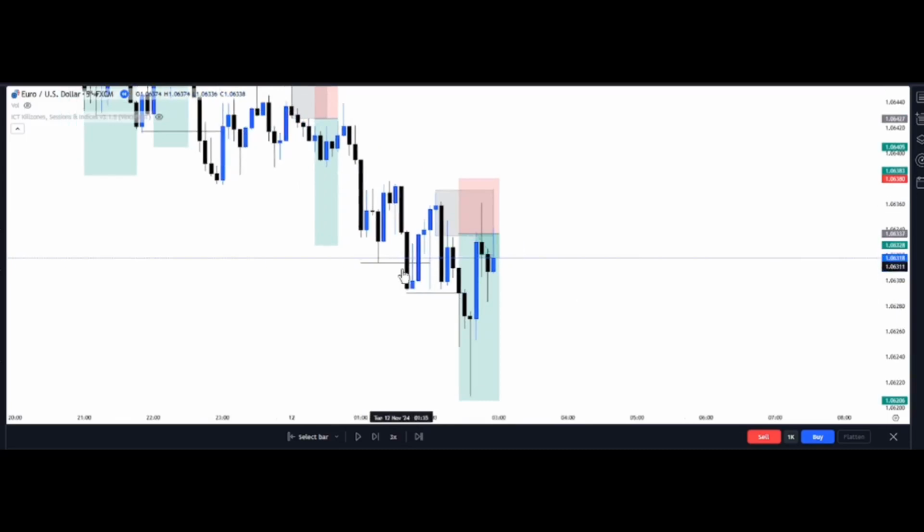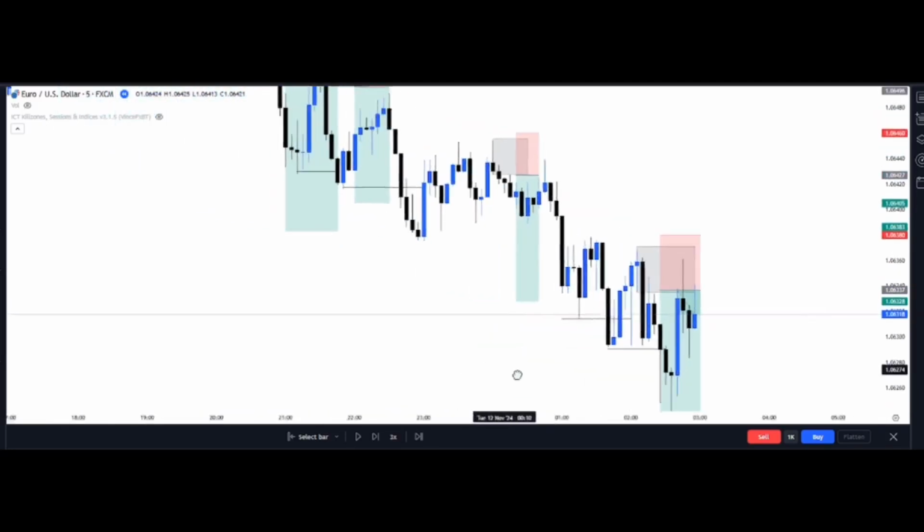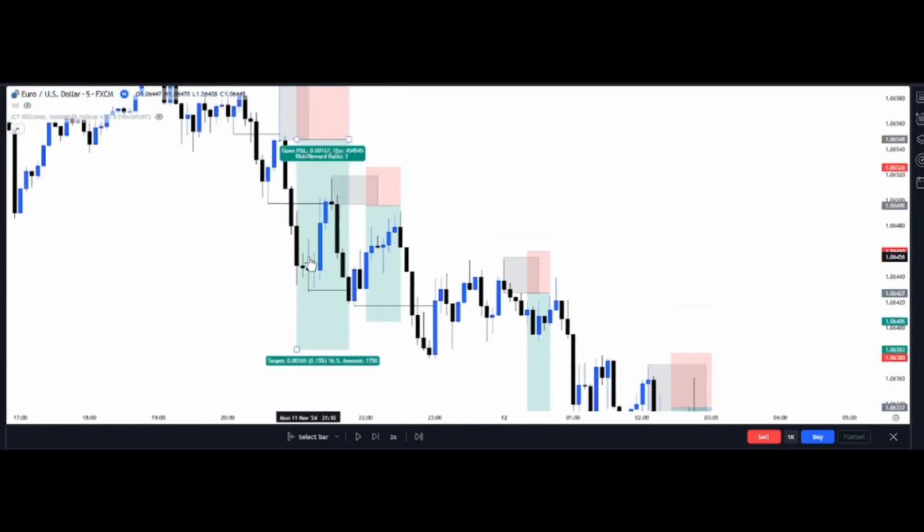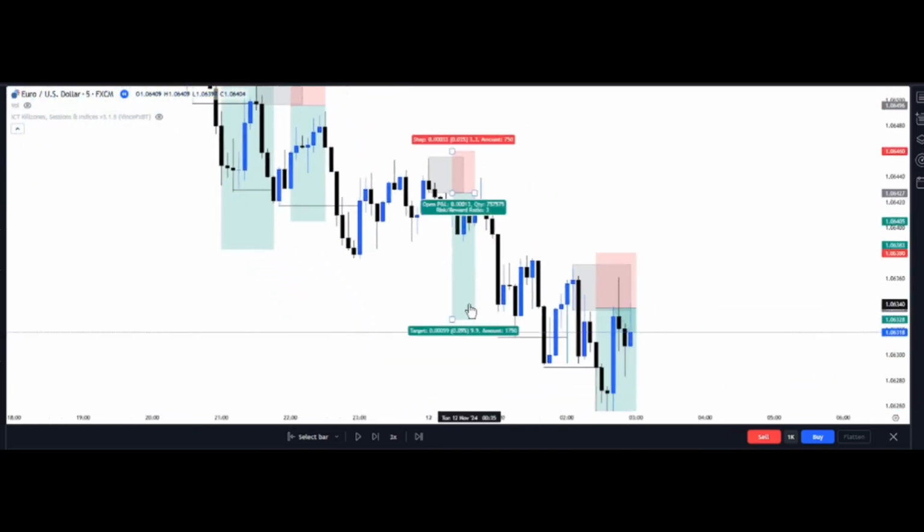Price only took out this one with one candle, which is not right. Please, we must follow our rules. We made a mistake here. It took it out with one candle, and we need 2 consecutive candles. So far, the valid trades we have entered in the market are this one, number 1, this is number 2, and this is number 3. So these are the 3 trades that are valid here.